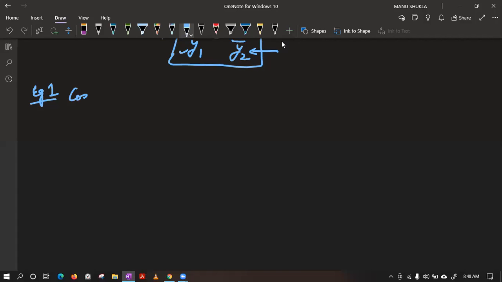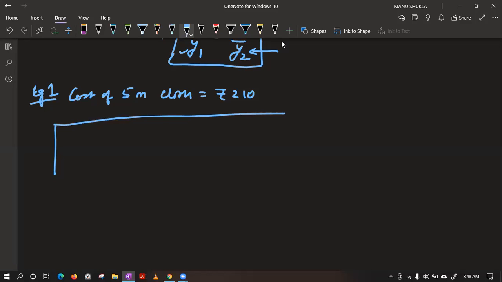So cost of 5 meter cloth is given to you as rupees 210. Then they are saying tabulate the cost of 2, 4, 10, and 13. So you have to make a table like this.